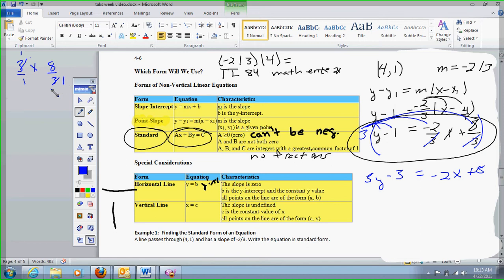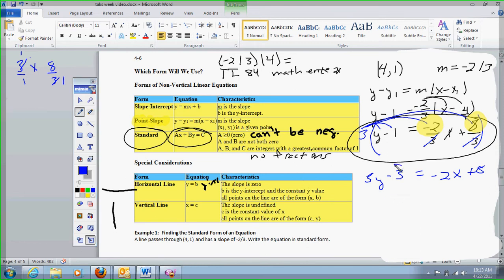Look what happens: 1 times 1 is 1 on the bottom, which means these go away. So if it makes it easier for you, multiply the whole equation through by the common denominator. When you get to the fractions, the only thing you have left is what was on top, the negative 2x and the 8. Now I have an equation with no fractions.